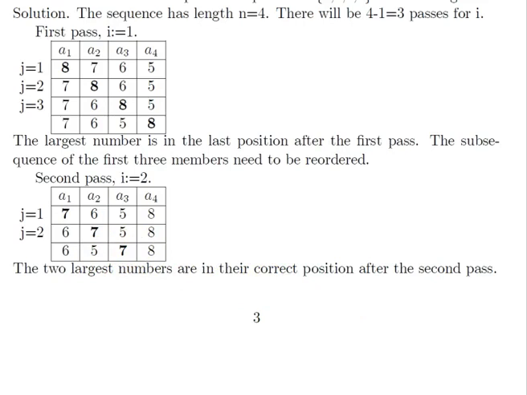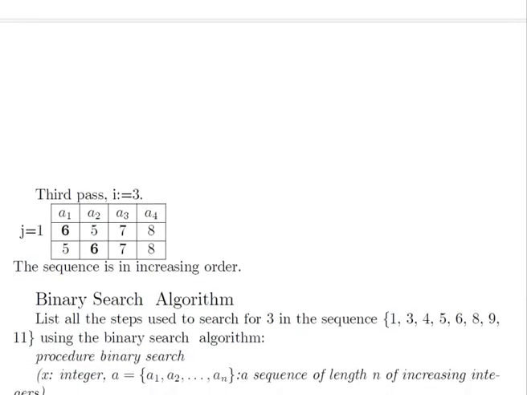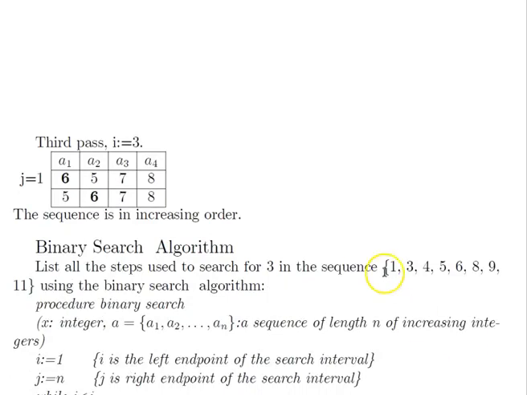And finally, the third pass must be executed for i. When i is 3, this is what we have in the sequence, and j must vary from 1 to 1 here, because 4 minus 3 is 1.